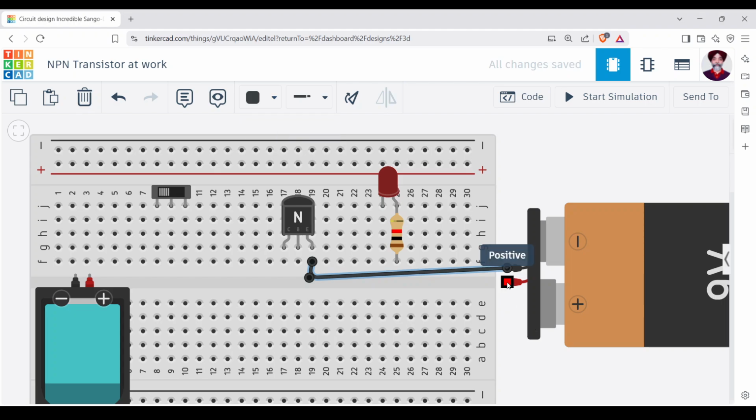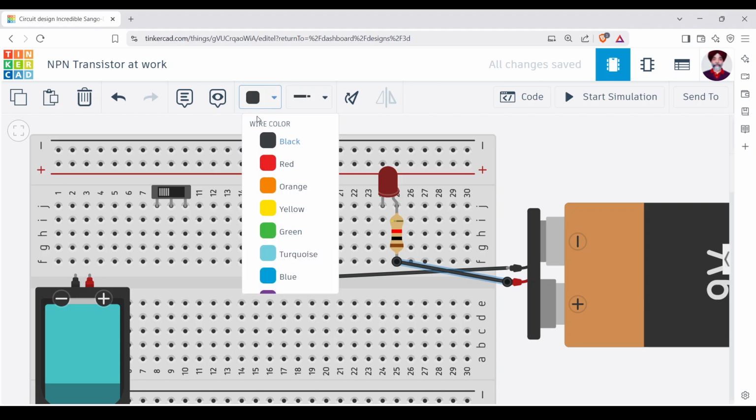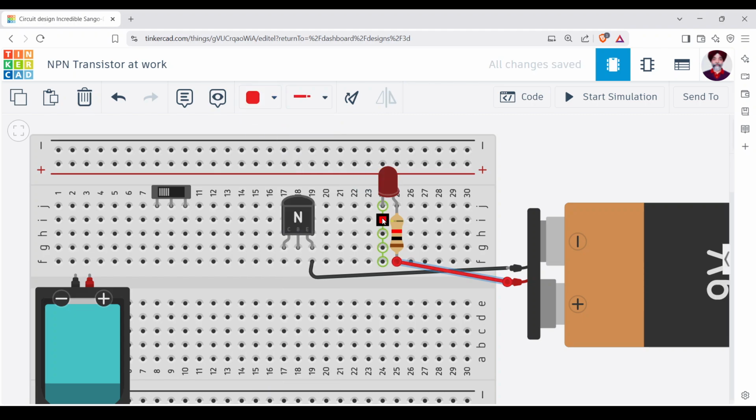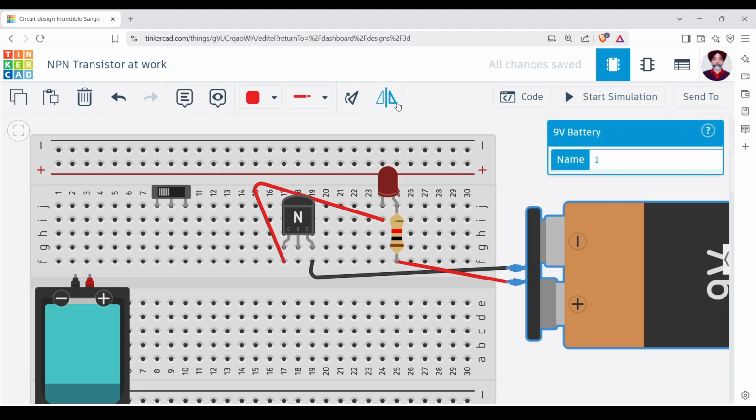Let's connect the positive through the load. So this is positive through the load to the collector. So we have connected the battery. Let me just put a mirror image of that. So fine, it's connected.